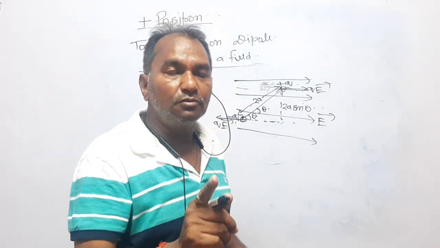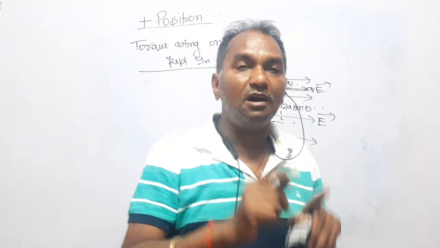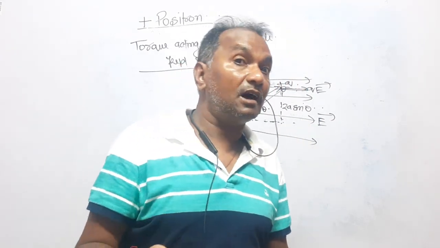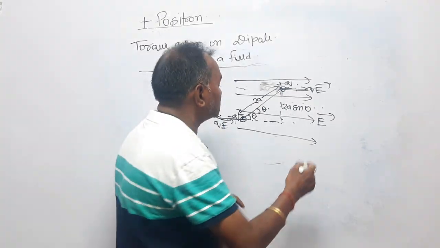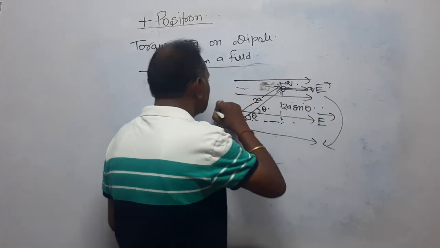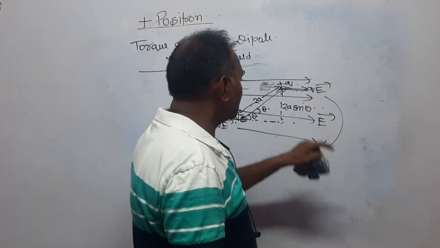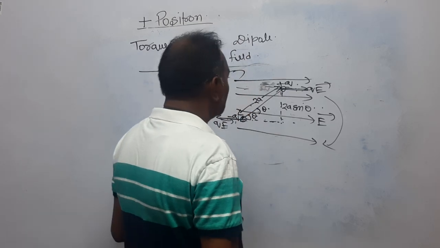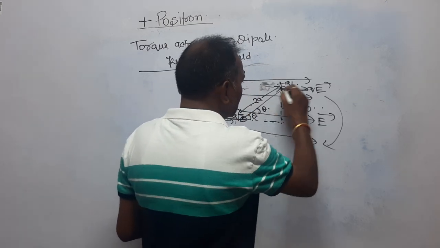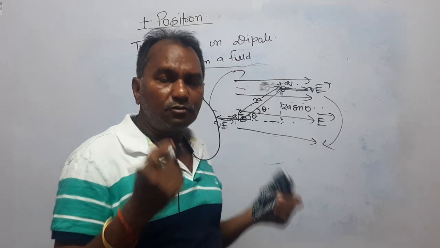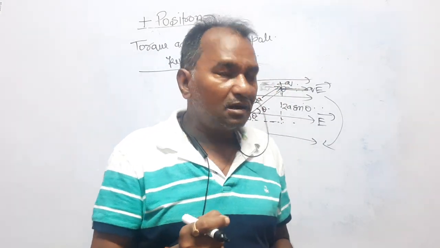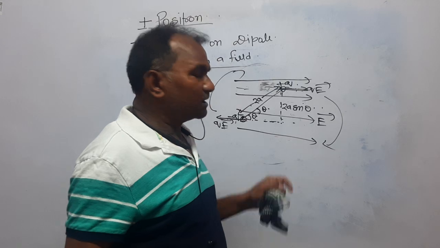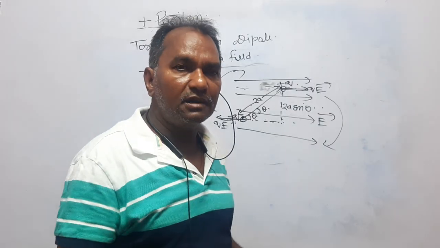But if the two forces are equal in magnitude, opposite in direction, and their line of action is parallel, then they will form a couple. And this couple will try to rotate the dipole in the clockwise direction. So now look here, it will form a couple.